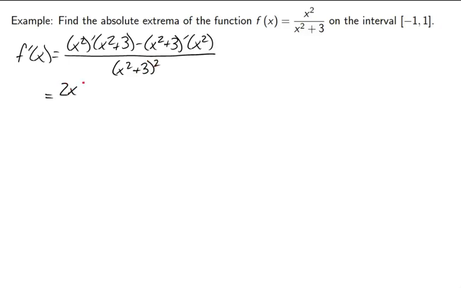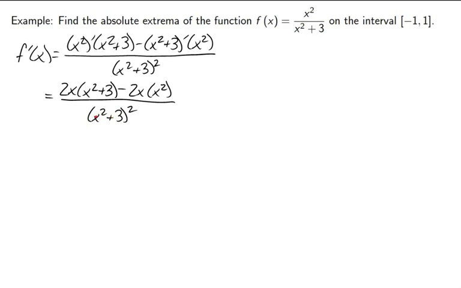I get 2x times x squared plus 3 minus 2x times x squared, all divided by x squared plus 3 squared. The first question: is this undefined anywhere? Better said, is there a 0 in the denominator? No, there's not.